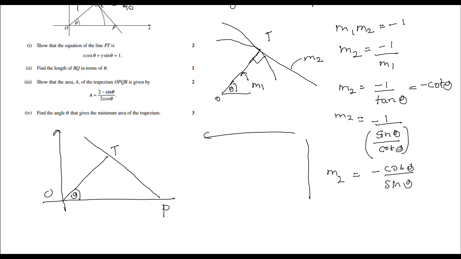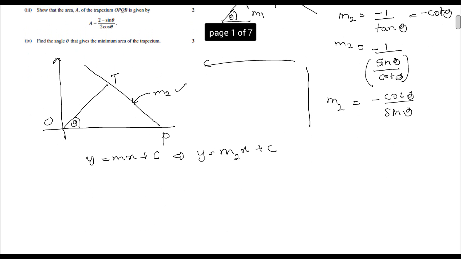We now know the gradient of this straight line, M2, so that's good. How do you find the equation of this line? The equation will be in the form y equals mx plus c. In this case it will be y equals M2 x plus c. Now one thing we can do is we know T.